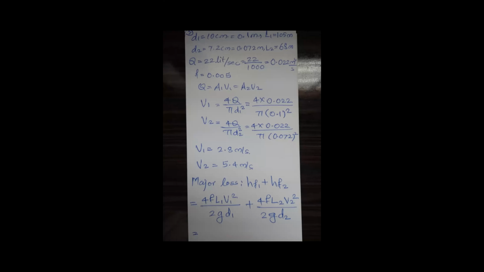Just add them. You will have the major loss. HF1 is 8.391437. Correct. HF1 is 8.391. Yes. HF2.